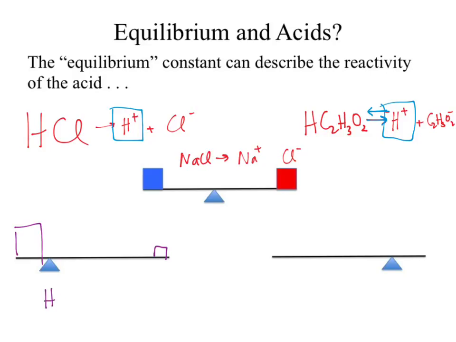This is our acetic acid, which says what? Once I've achieved equilibrium, what is my concentration of products? Relatively low in comparison to my reactants, which means if my products are the one that generate H+, I have a very tiny concentration of the H+.